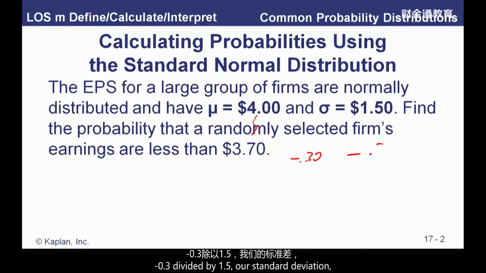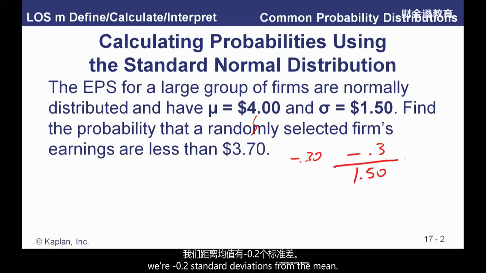Well, minus 0.3 divided by 1.50, our standard deviation, we are minus 0.2 standard deviations from the mean. So what we need to find out here, our question is, less than $3.70.